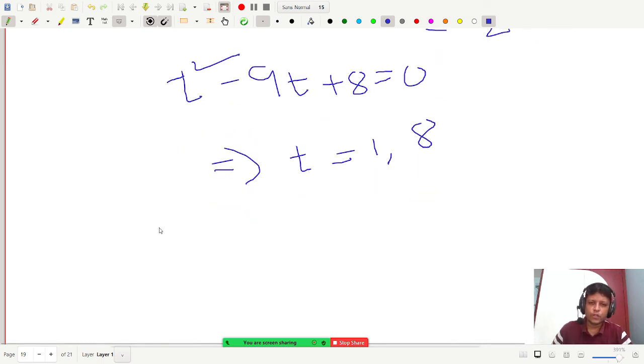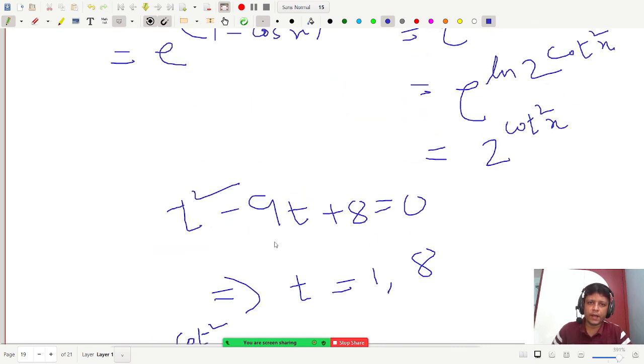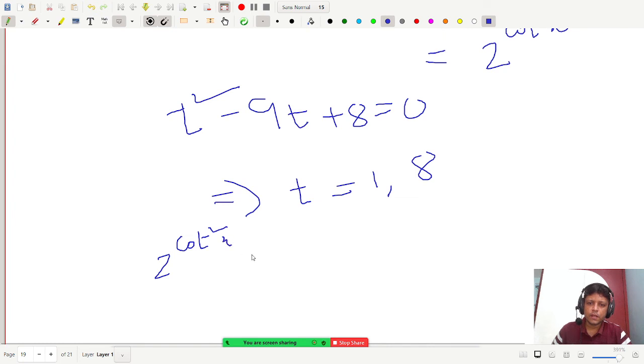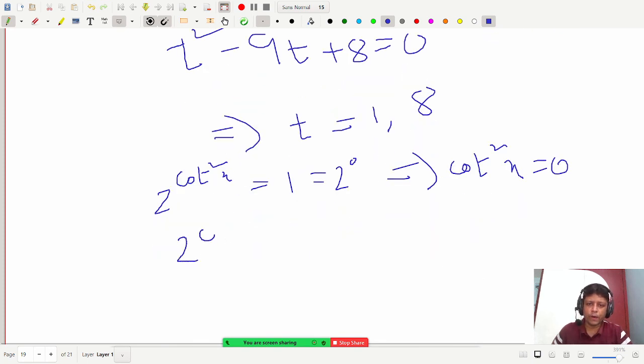So 2 to the power cot square x equal to 1, that is equal to 2 to the power 0, that means cot square x is equal to 0. And 2 to the power cot square x is equal to 8, that implies 2 cube, so cot square x is equal to 3.